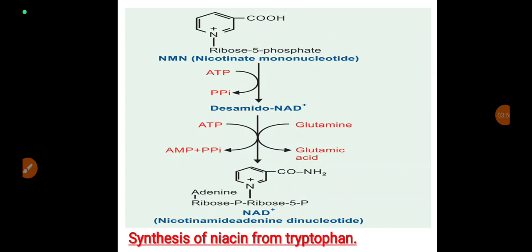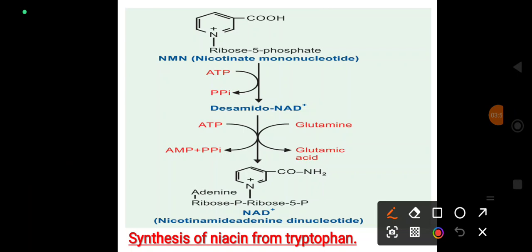And from nicotinamide mononucleotide, how do we get nicotinamide adenine dinucleotide? In the presence of adenosine triphosphate and glutamine, it gives you nicotinamide adenine dinucleotide.